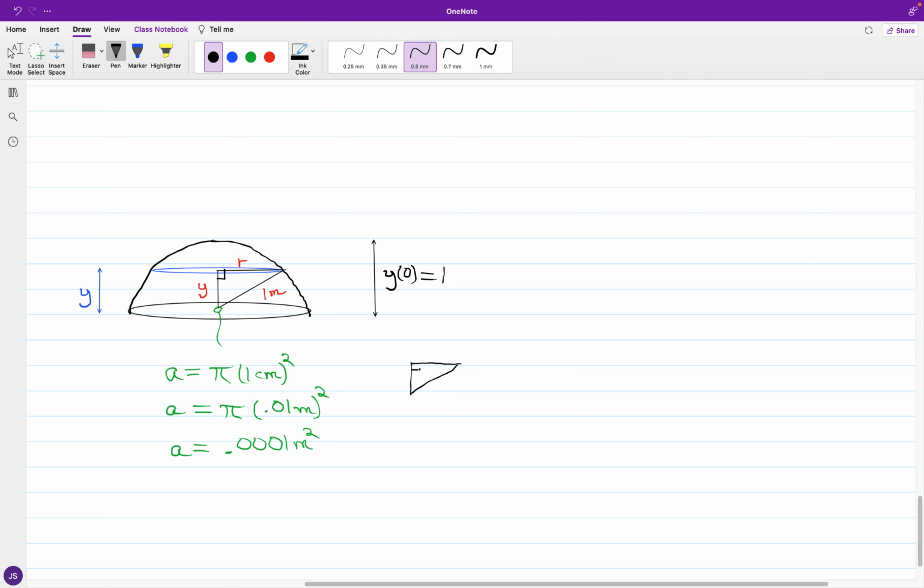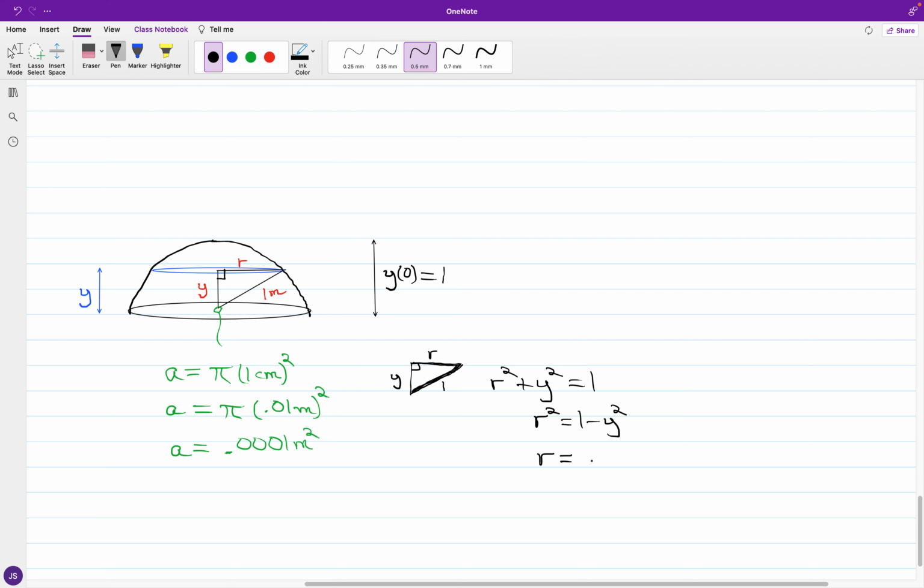With the right triangle, you have r, liquid level y, and letting the hypotenuse reference the tank's radius of 1 meter, with the Pythagorean equation we have r squared plus y squared is equal to 1, and isolating r squared, we have that equal to 1 minus y squared.